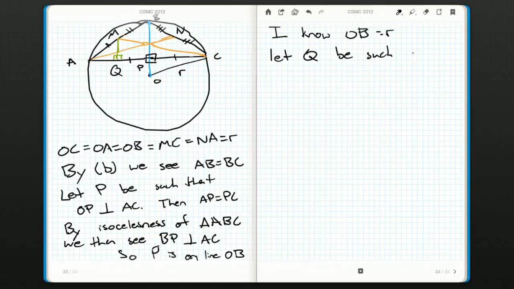So let's explain where Q comes into this. Let Q be such that MQ is perpendicular to AC. So there's a similar triangle right here, I think.